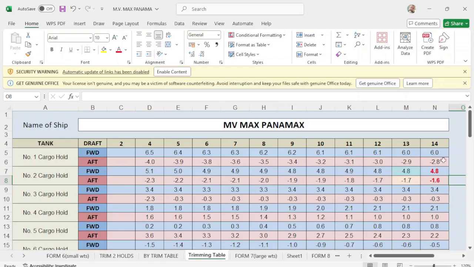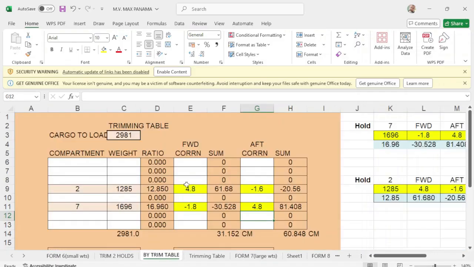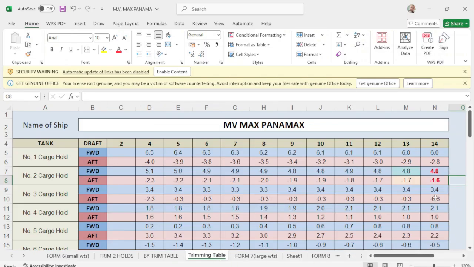So forward, it says the correction of 14 meters drop, that will be 4.8. You put here forward is 4.8, okay? And up drop should be negative 1.6.